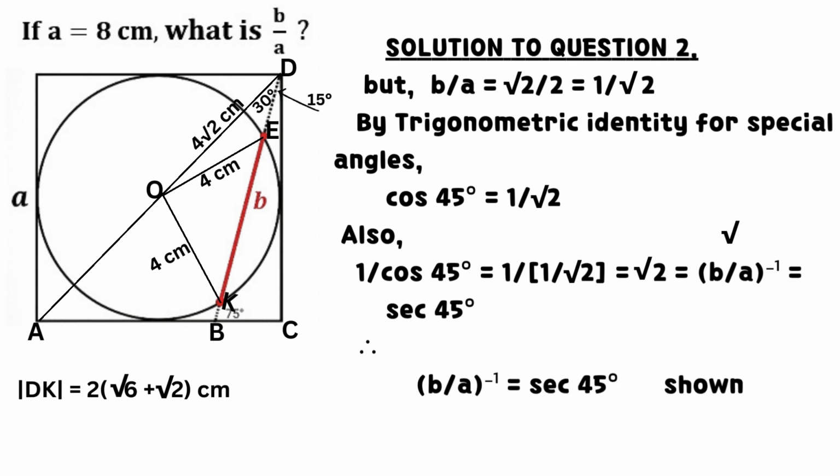Also, the inverse of cosine 45 degrees equals the inverse of 1 divided by the square root of 2, which equals the square root of 2. The result equals the inverse of the ratio B is to A, which equals secant 45 degrees. Therefore, the inverse of the ratio B is to A equals secant 45 degrees. Shown.